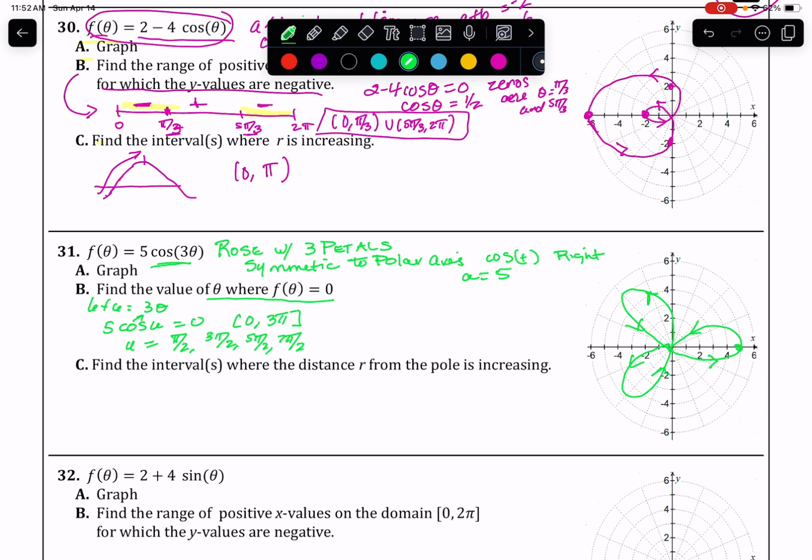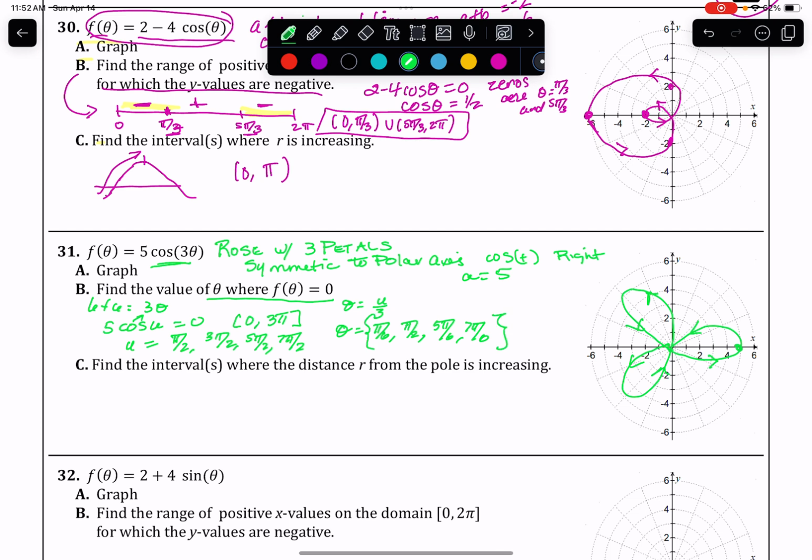And so then theta is u over 3. So theta would be pi over 6, 3 pi over 6, which is pi over 2, and then 5 pi over 6, and 7 pi over 6. Those are the places that theta is equal to 0. So you have that answer.